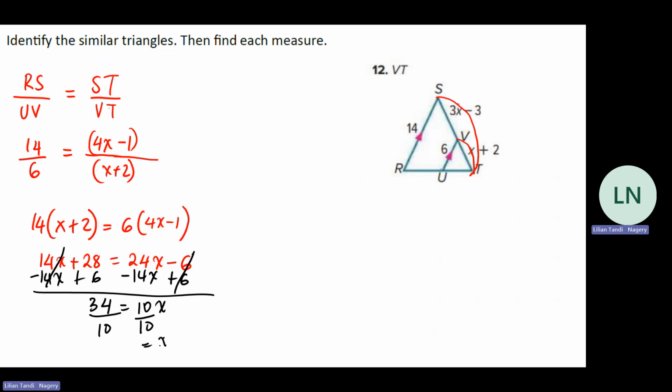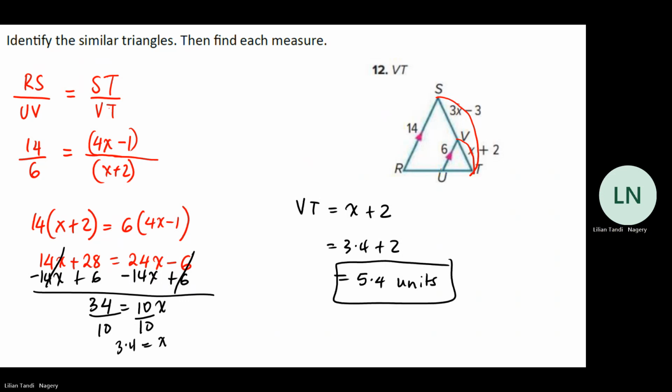X is 3.4. Okay, then we find VT. So VT equals x plus 2, which is 3.4 plus 2, which is 5.4 units. Just like that.